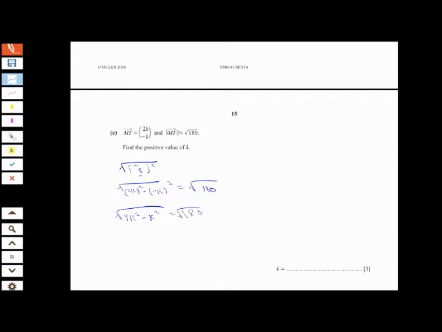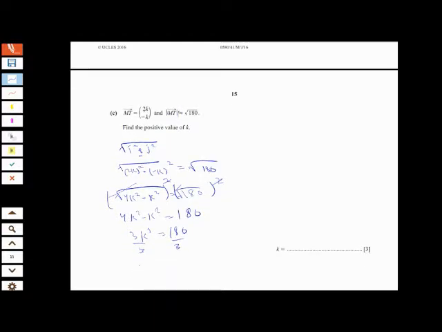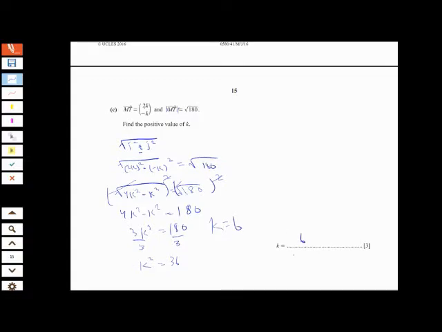And now what you do here is square both sides to get rid of the square root, so you'll end up with 4k squared minus k squared equals 180. 4k squared minus k squared is 3k squared equals 180. Divide both sides by 3. You have k squared equals 36, so square root, k equals 6. Okay, that's easy enough, but of course pay attention to how I did it, and I hope you understand.